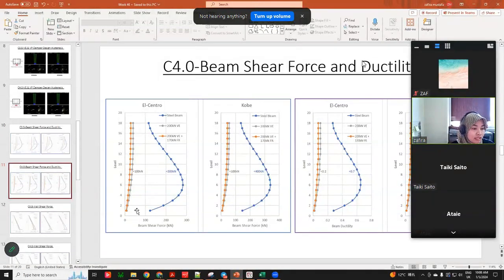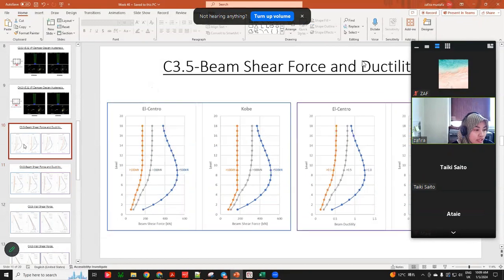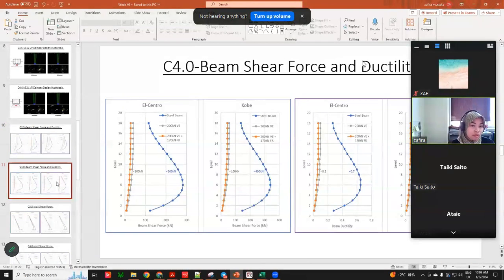So if you can see, this is the force in the damper. It's actually less than 100 kilonewton. Here it is almost 170, a bit bigger. But if you use a shorter beam for the coupling beam, actually it performed better. So it's less than 100 kilonewton, and the ductility also performs good.